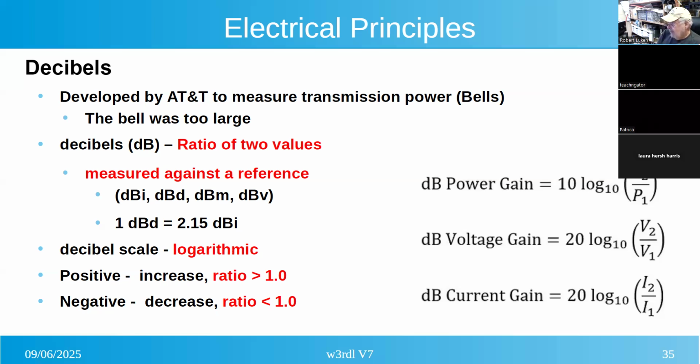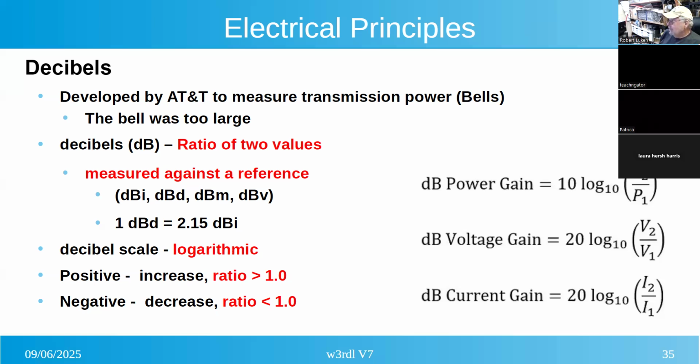A decibel is defined as 10 times the log base 10 of a ratio, P2 over P1 if it was power. P2 is the power out, P1 is the power in. So if P2 was twice as big as P1, then it would be 10 times the log of 2.